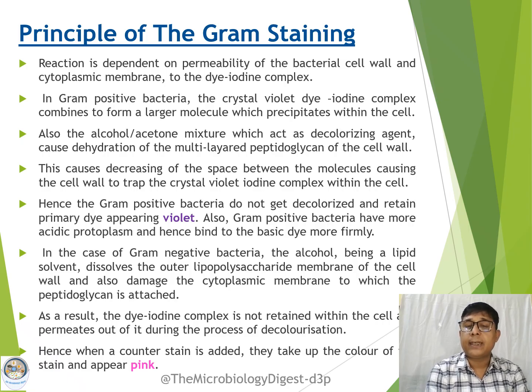In gram-negative bacteria, because of the higher permeability of the cell wall due to the thin peptidoglycan layer, they can be easily decolorized, and the diiodine complex is removed from the organism. In the counter staining procedure, these organisms take up the color of the counter stain, that is safranin, and they appear pink in color. So this is the principle of the gram staining technique.